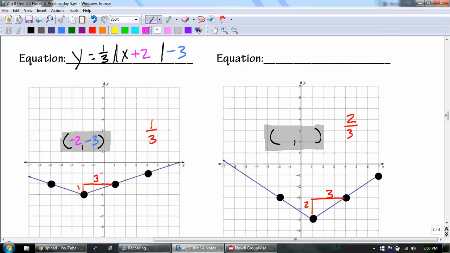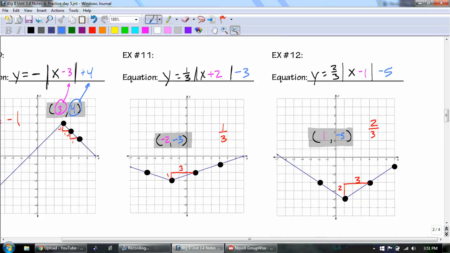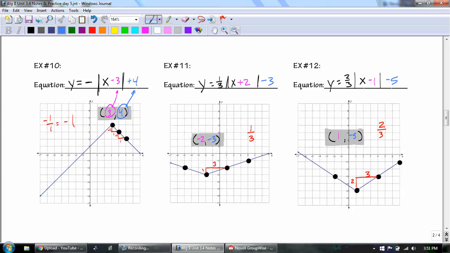And then our vertex was 1, what is it, -5? Yeah, -5. Okay, so y equals 2/3 absolute value of x minus 1 minus 5. Okay, and that's it. Okay, that's all we're doing.